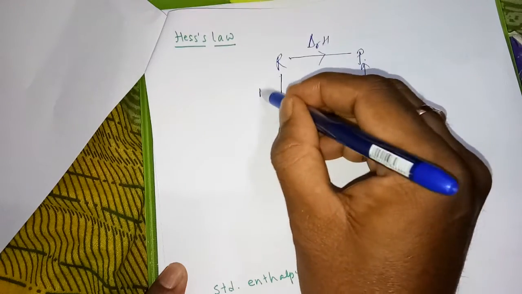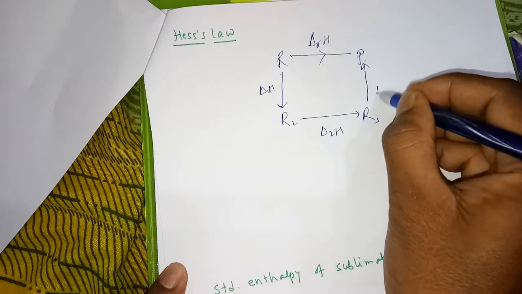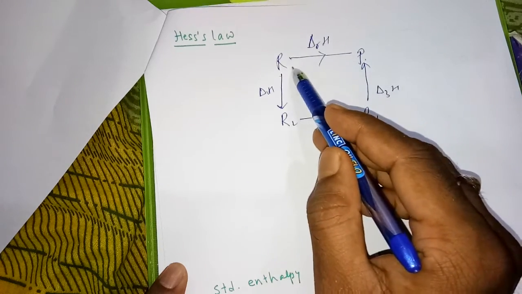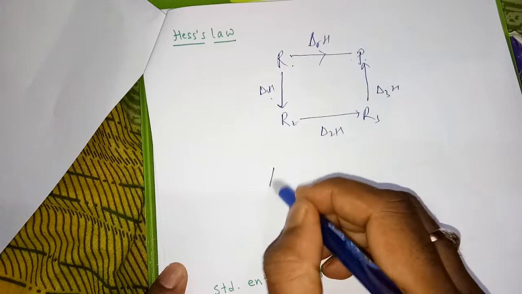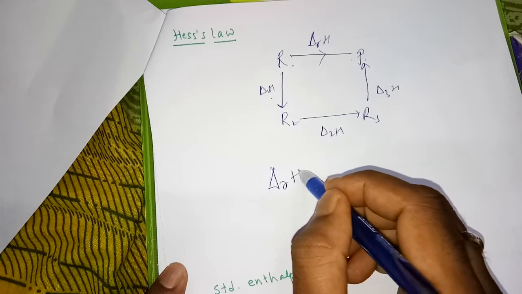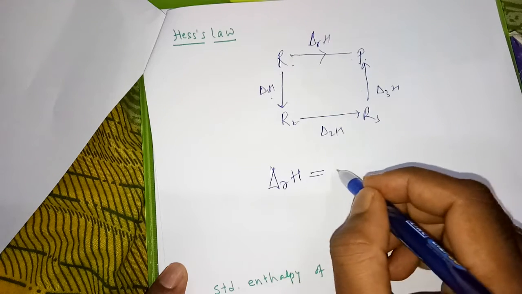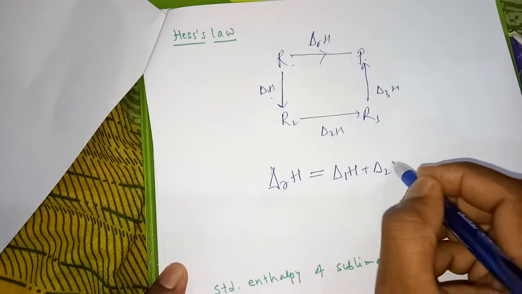so this is del 1H, this is del 2H, this is del 3H. If a reaction is done in one single step or in several steps, then the net enthalpy during the reaction in one step is equal to the sum of the enthalpies of the several steps.